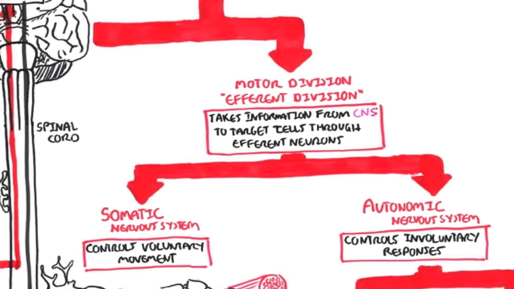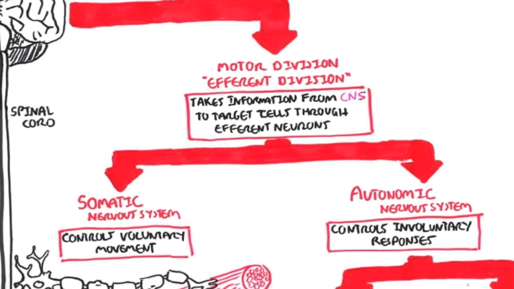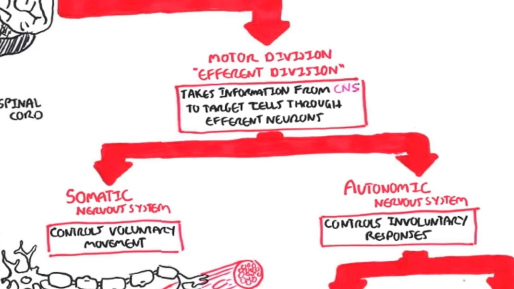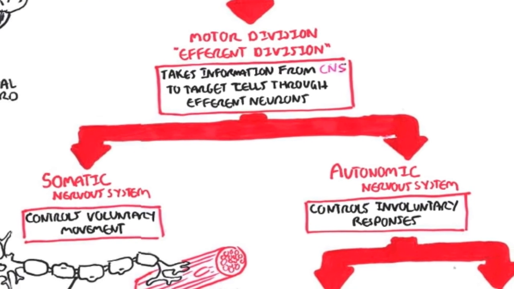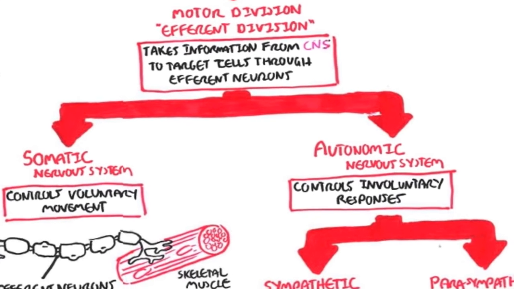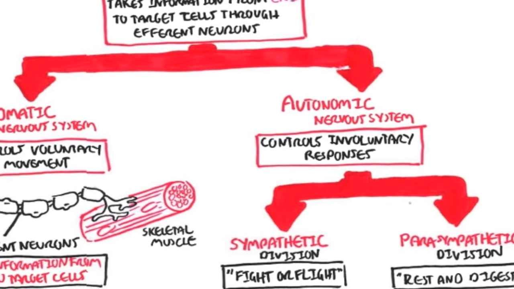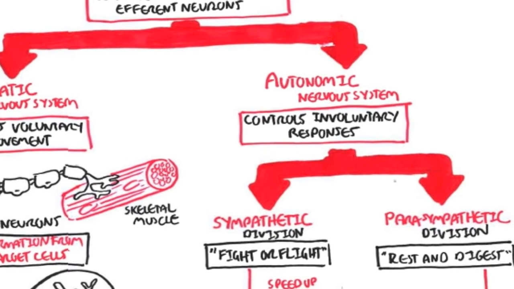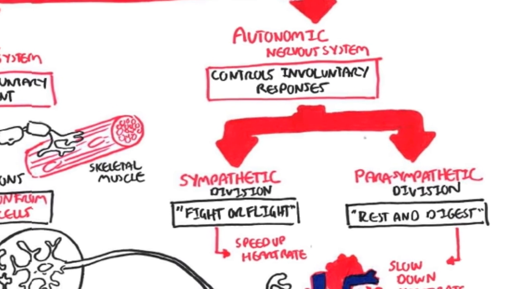But when it takes the information to a target cell, it can be a voluntary signal or an involuntary signal. And so we have the somatic and the autonomic nervous system divisions. The autonomic, which is the involuntary response, is divided further into the sympathetic response and the parasympathetic response. Both contradict each other and do opposite things to each other.